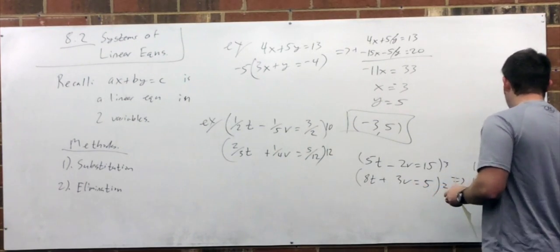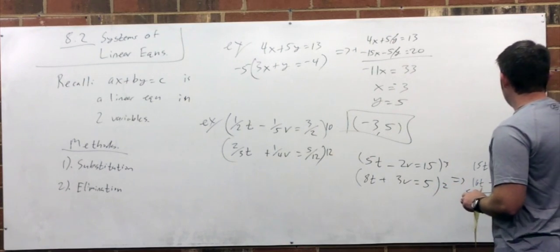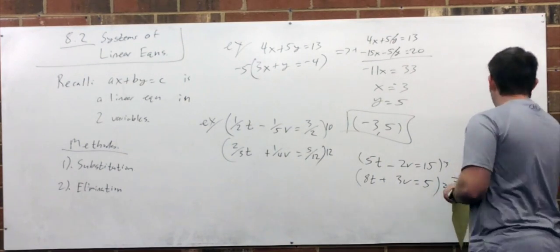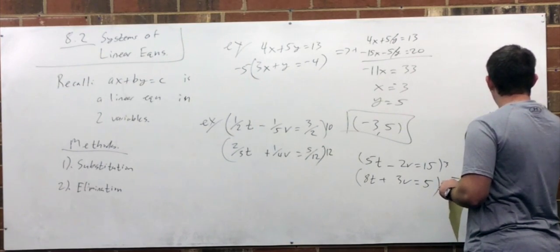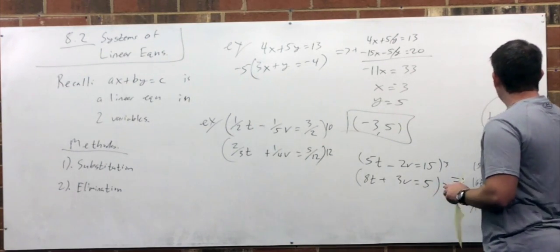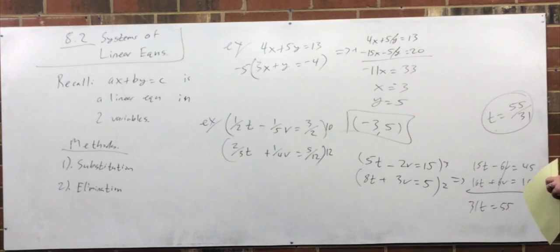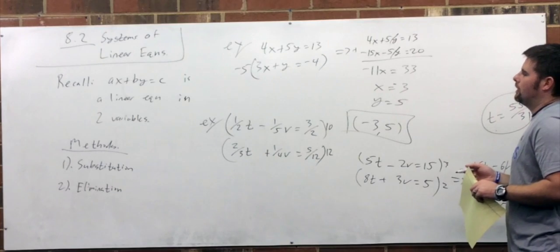And we can cancel these v's here. And we get 31t equals 55, or t equals 55 over 31. And then we can take that and plug it back in here to get our v value. So that's the method of elimination.